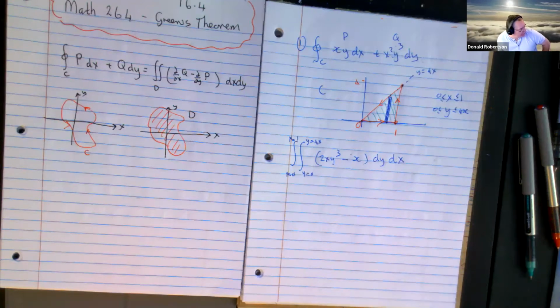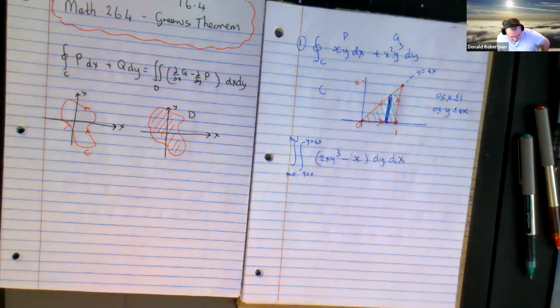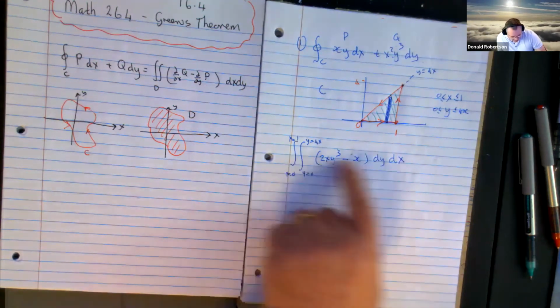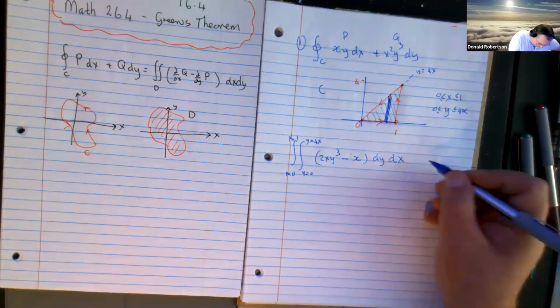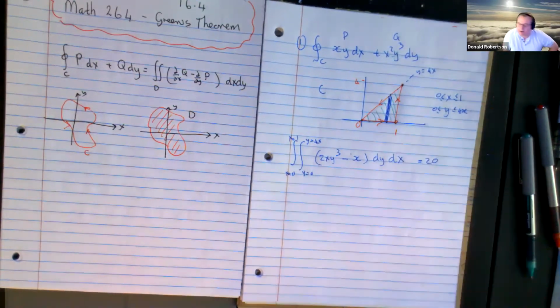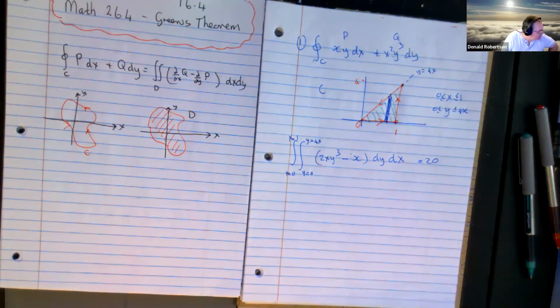Now, these questions ask you to do it directly, which would have been a whole load of straight lines and parametrization. So why don't you just do it with Green's theorem, and both answers are the same? If this ends up being, according to them, at least, 20, then make both answers 20 because it will be. So don't bother about doing it directly.